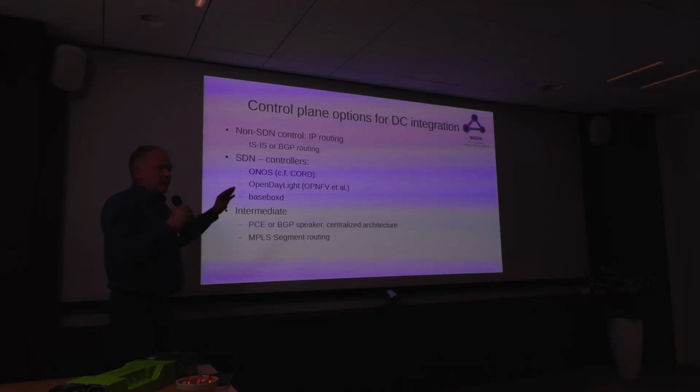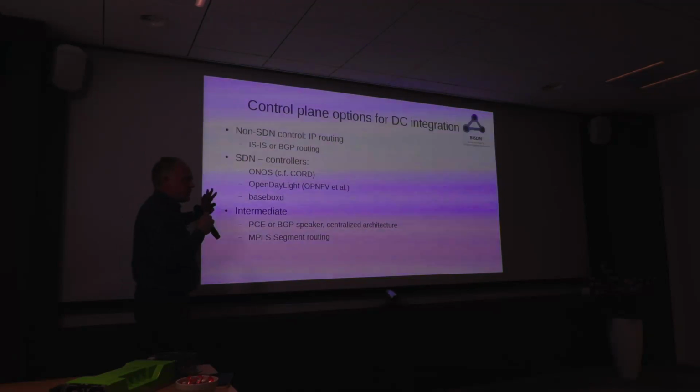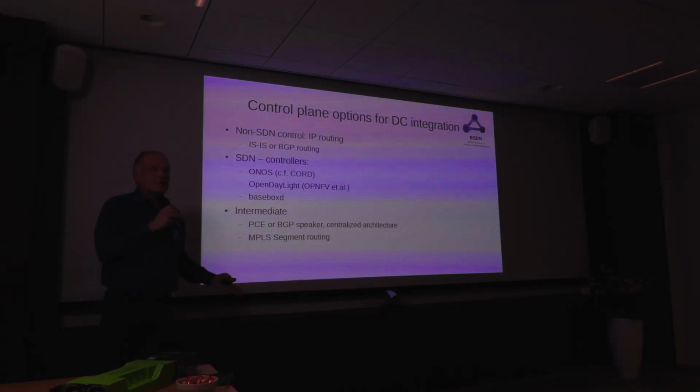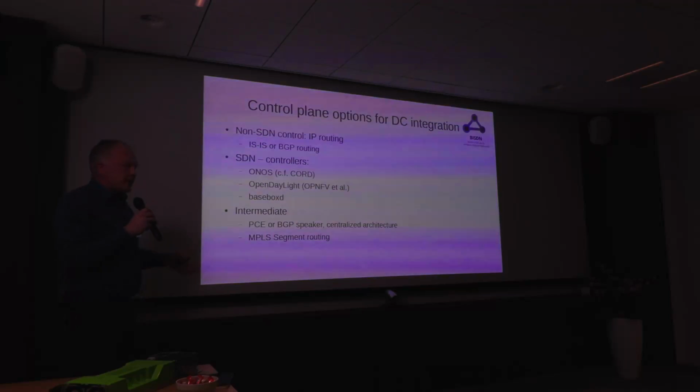If we walk up one level and we ask ourselves now, what controllers can we put on top? Controllers means what is the choice of control plane? There we have, again, three choices. We can go with the standard, let's say, non-SDN, which is a distributed IP control plane routing. There's a ton of BGP extensions recently defined by the IETF. There's quite a number of data center providers that run BGP within the data center.